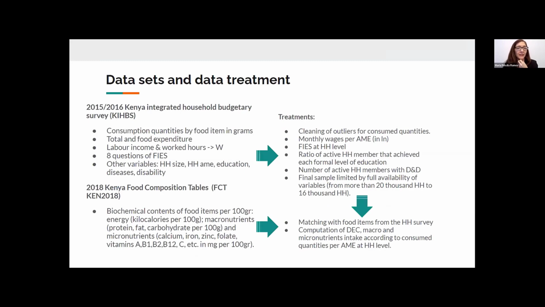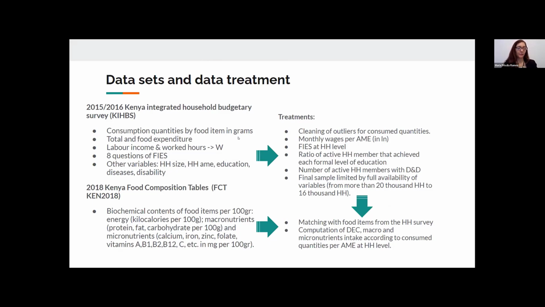In terms of data sets, we have been working with 2 main data sets. The first one is the Kenya Integrated Household Budget Survey, 2015-16. From this survey, we took the information about consumption quantities at the household level by food item, and we converted them into grams.